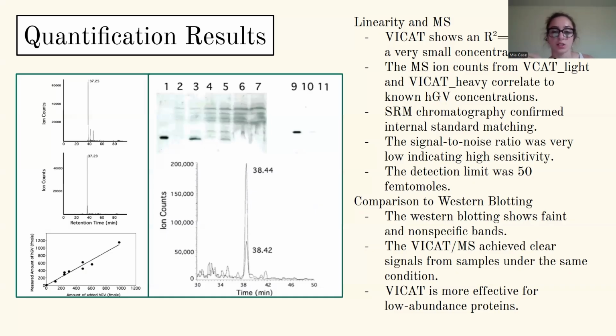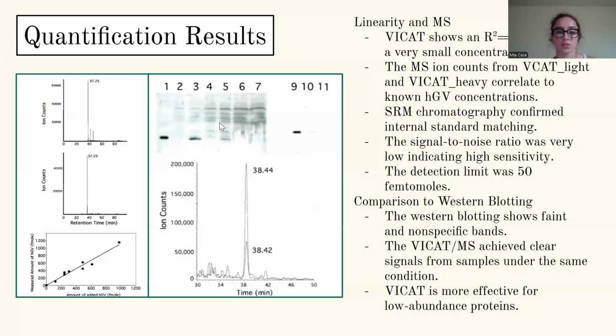And in addition to the liquid chromatography mass spec data, the authors compared VICAT quantification to Western blotting in the macrophage lysates, which is right here. We can see that the Western blot detection of HGV provided very unreliable and weak nonspecific signals, even with two different antibodies.